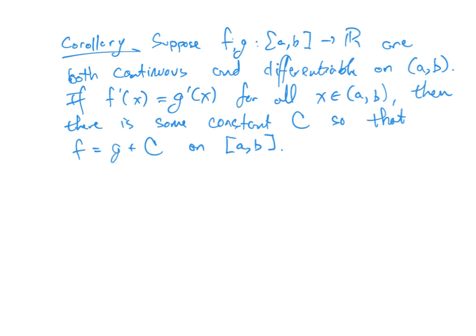This corollary doesn't even deserve an attempted proof. You just need to take f minus g and apply the previous results. Its derivative will be 0, and so you'll find out that f minus g is a constant, and therefore f is g plus that constant. Good?